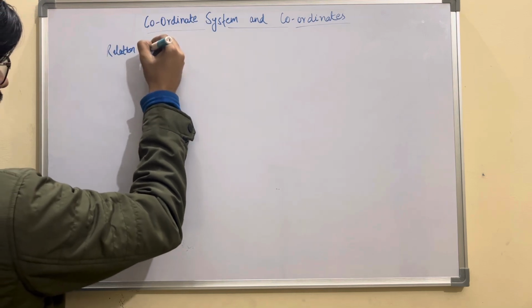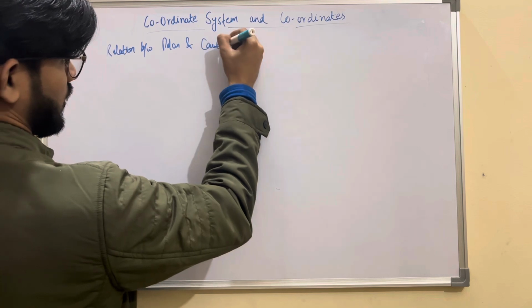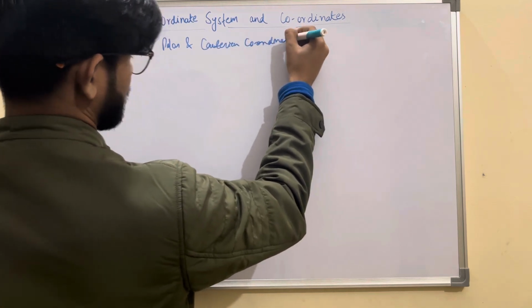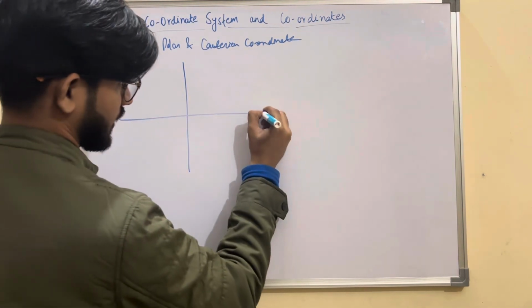Now we have to understand the relation between polar and Cartesian coordinates. These are the coordinate axes.